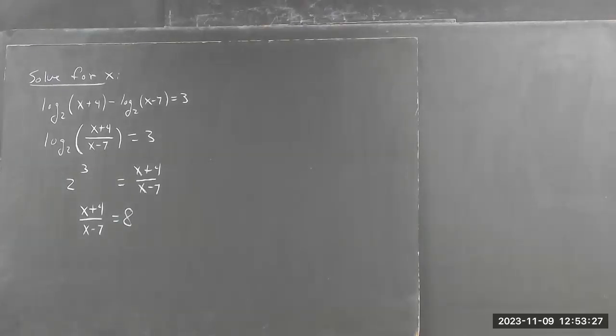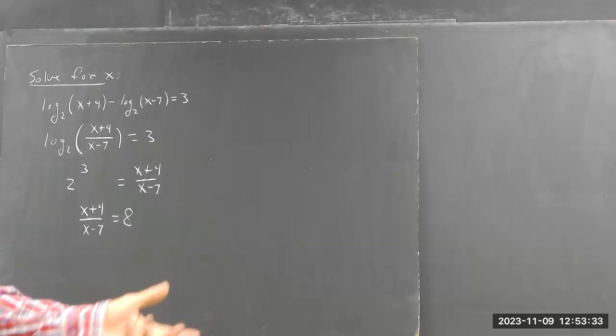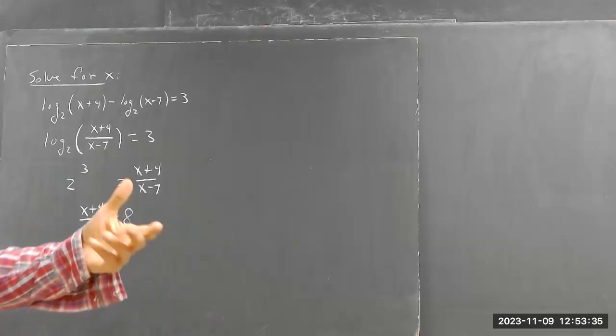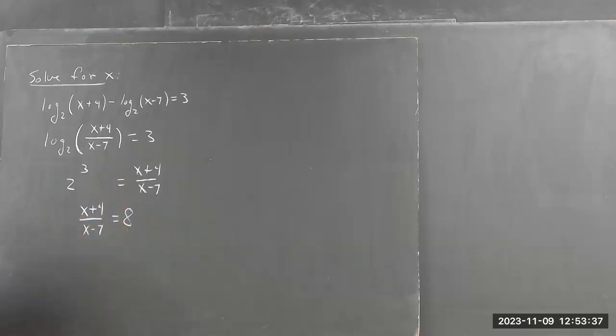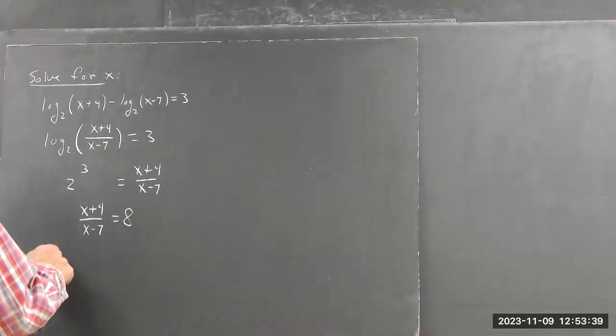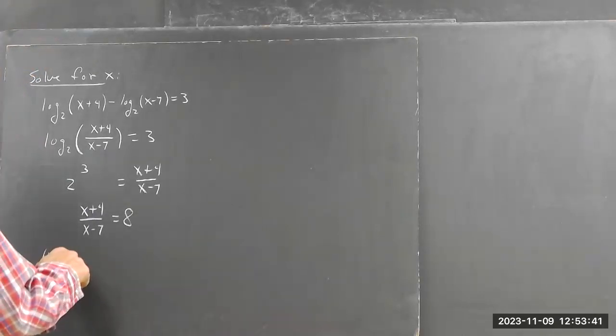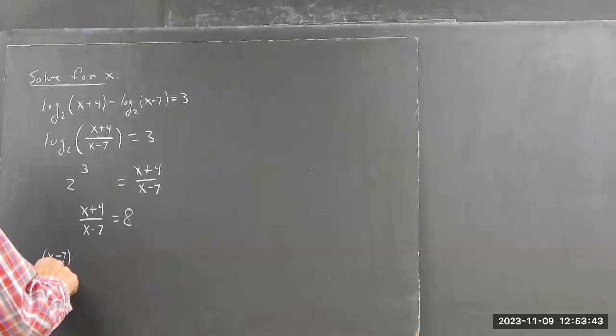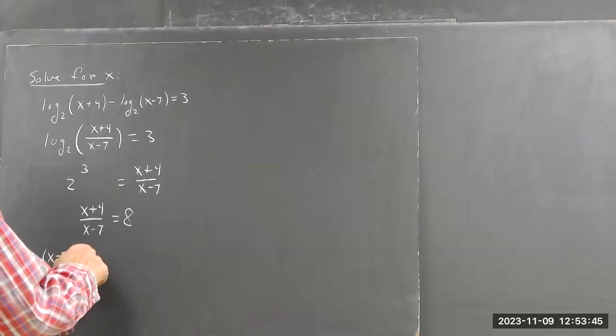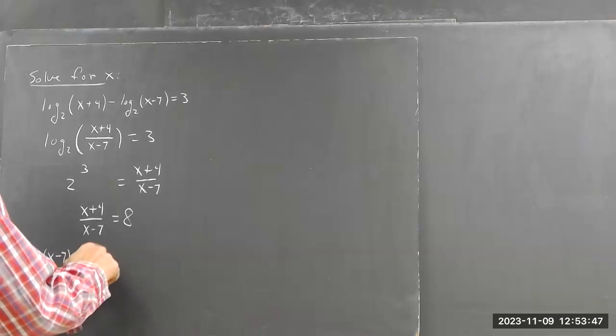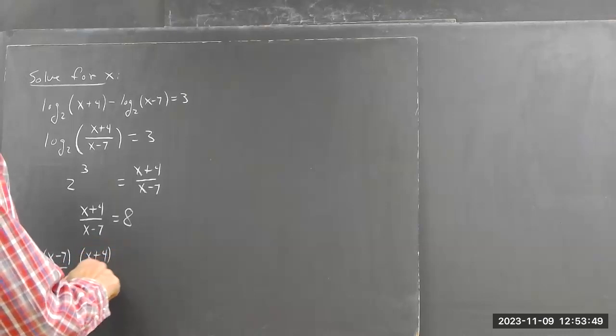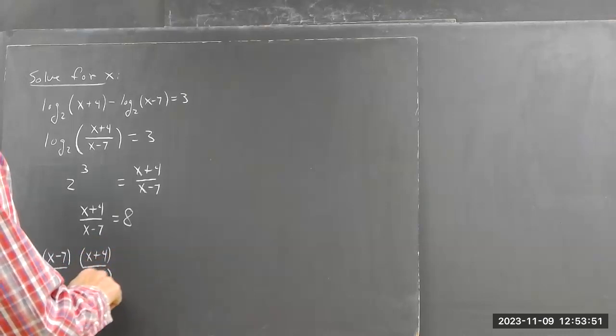If you've got denominators, you multiply both sides by the product of all your denominators, or by a common denominator, preferably the least common denominator. Okay, so multiply by x minus 7. I'll do x minus 7 over 1 times x plus 4 over x minus 7.